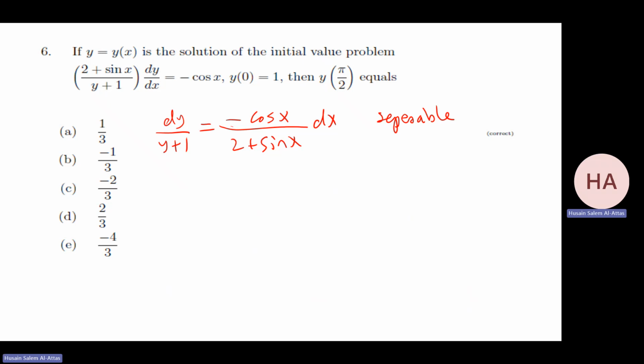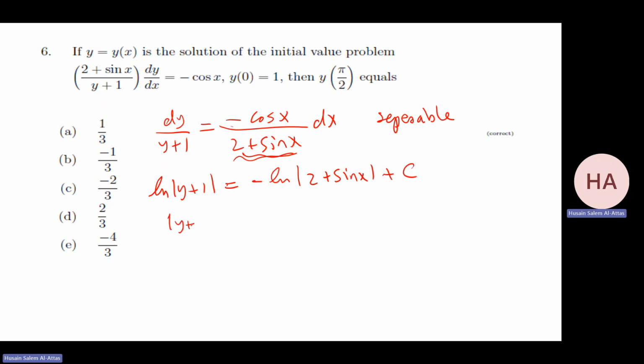Integrate. So I have ln|y plus 1| equals, we have to integrate this. Very clear. I'll take this as u, this is the u with the minus sign. So it will be minus ln(2 plus sin x), since the derivative is cosine, plus c. Okay, take e.